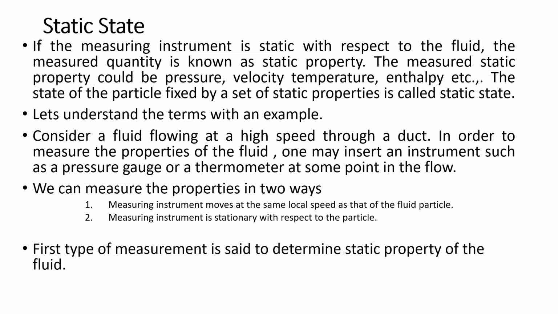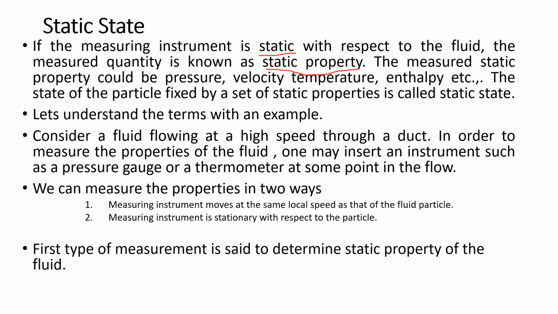Now let us understand what is static state. If the measuring instrument is static with respect to the fluid, here static refers to the measuring instrument, the relative motion between the measuring instrument and fluid particle is zero, meaning there is no relative motion between the measuring instrument and the fluid particle, then the measured quantity is known as static property.